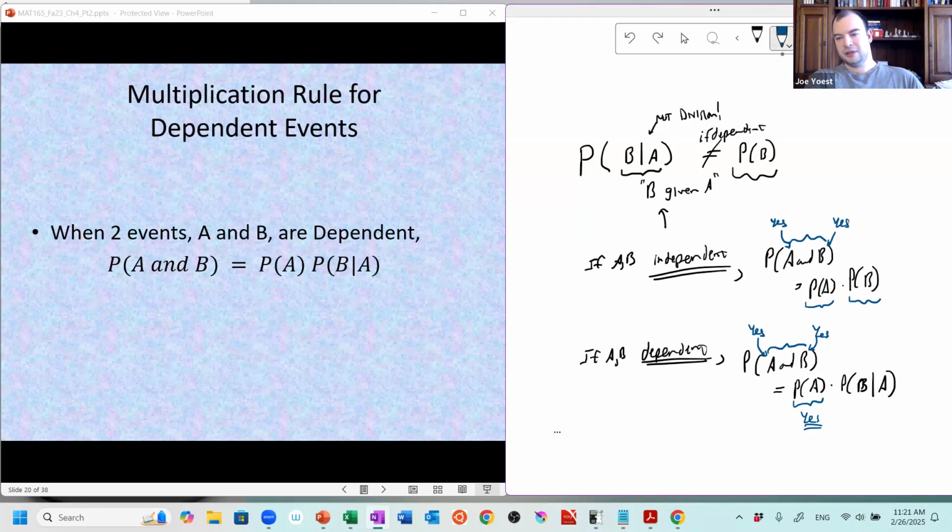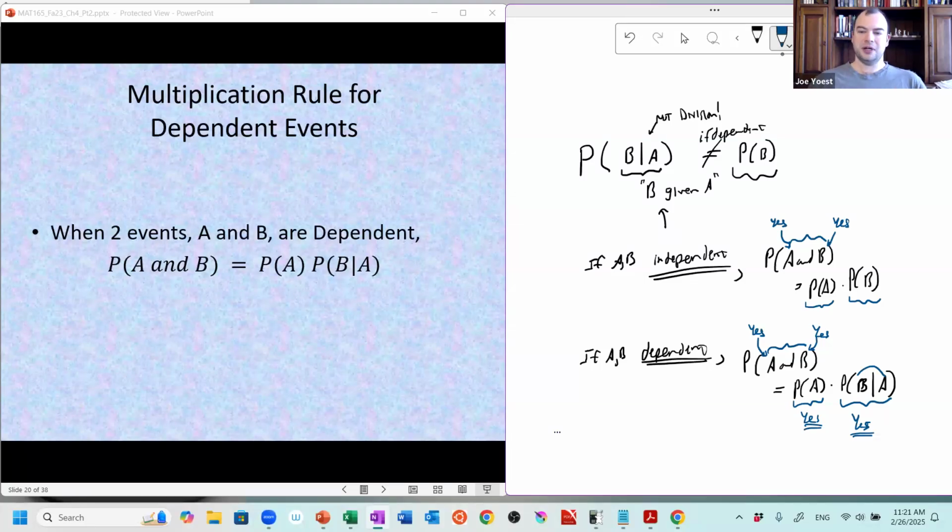That is this probability, B given A. That's the probability that B also occurs. And note that this is not just probability of B, because the knowledge that A has occurred, for instance, that it's less than 20 degrees outside, affects my probability of B occurring. So I have to account for that dependence between these two events, A and B.